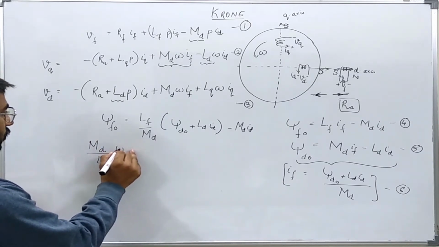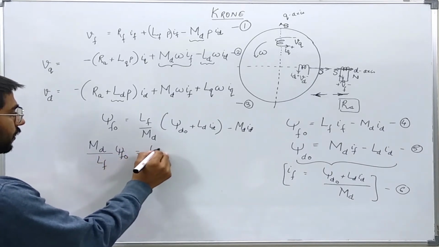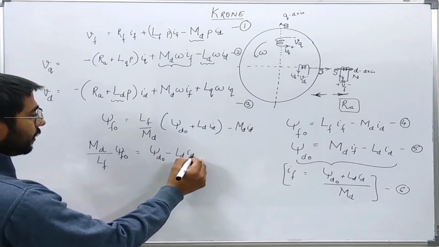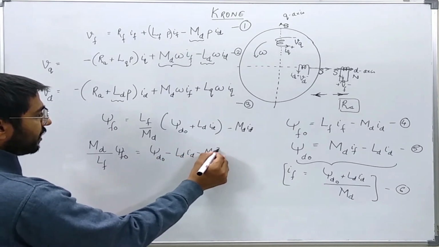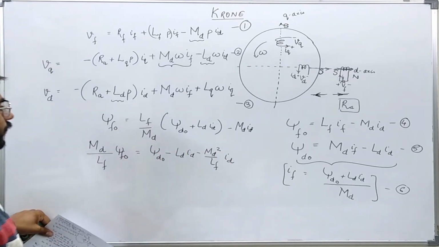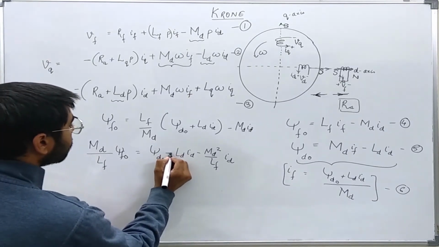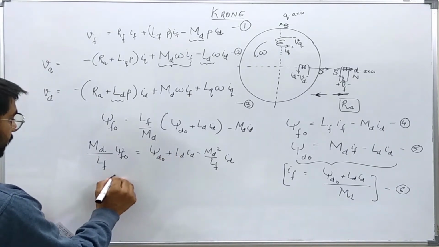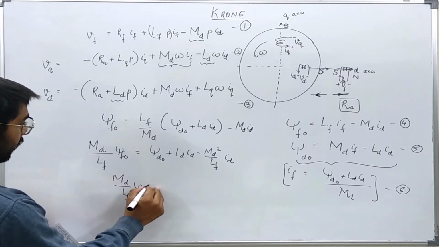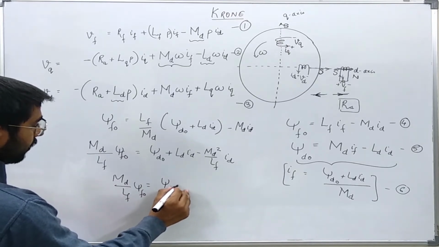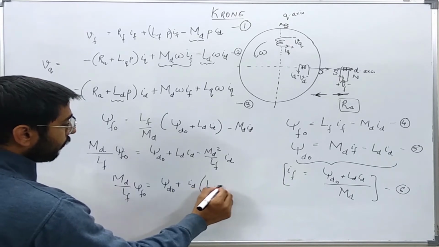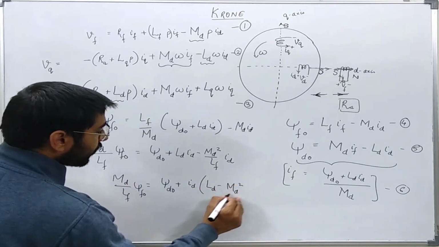MD over LF psi f naught is equal to psi D naught minus LDID plus MD square over LF ID. So this is MD over LF psi f naught is equal to psi D naught plus ID, I will take common, LD minus MD square over LF.